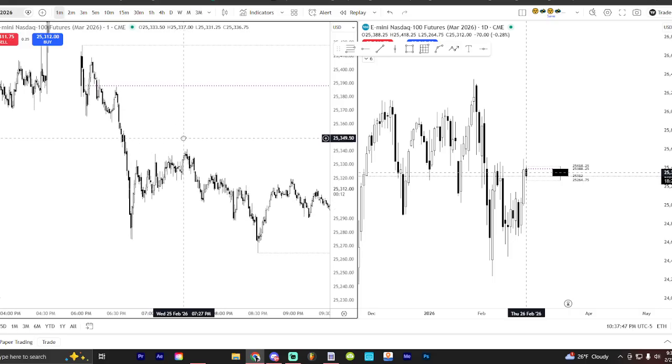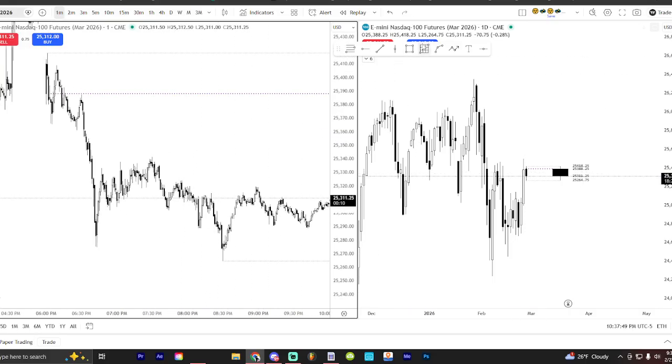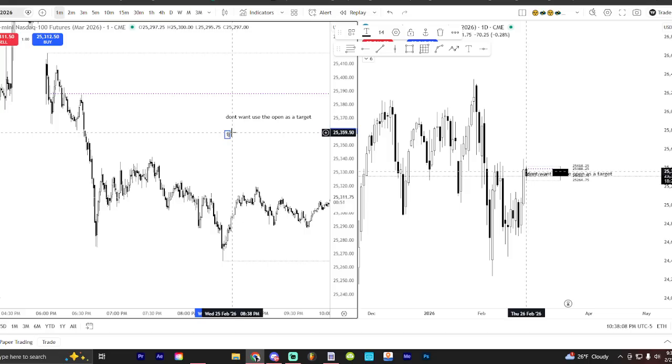Now for criteria, let me write this out. You don't want to use the open as a target. You want to have a 10-point stop.